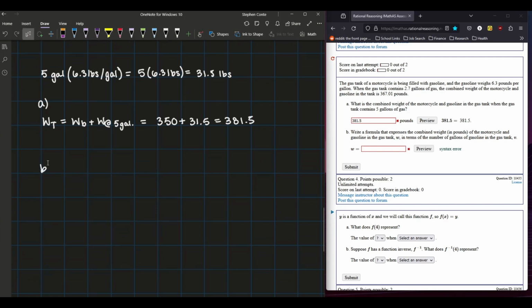For B, if I want to write a formula that expresses the combined weight in pounds of the motorcycle in terms of the number of gallons of gas N, or V, I'm sorry, then I have total weight, or W_T we'll say is lowercase w, which we know is the weight of the bike, plus some weight sub V, where I'm saying the weight at V gallons.